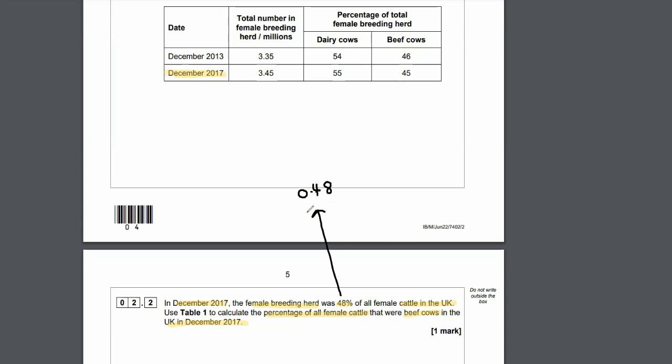Well, we know there's 48% female cows because it tells us that in the question. And we know that of those 48% female cows, we're told that in 2017, 45% were beef cows. So we really need to do 48% times 45%. So 0.48 times 45, and we're going to get 21.6%. You can round that up to 22% if you like. So just under half of the female cows, which is 48%, were beef cows, which equals 22%.